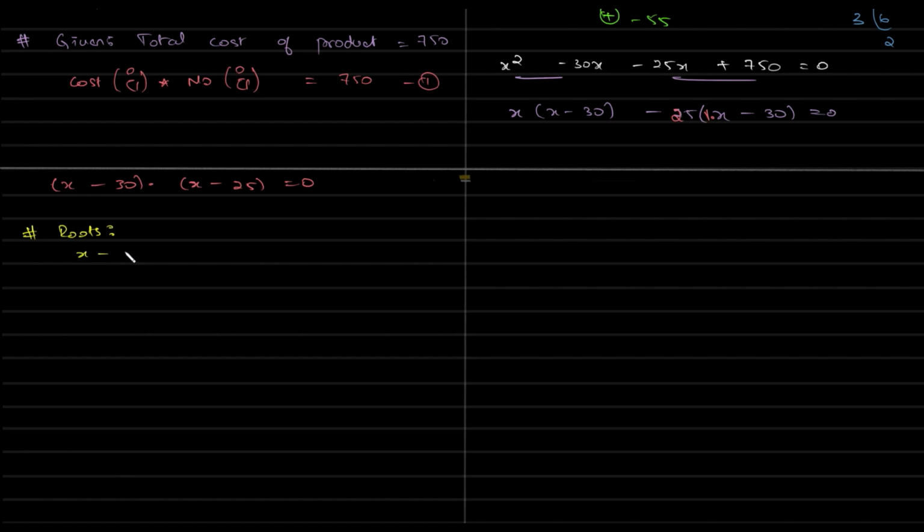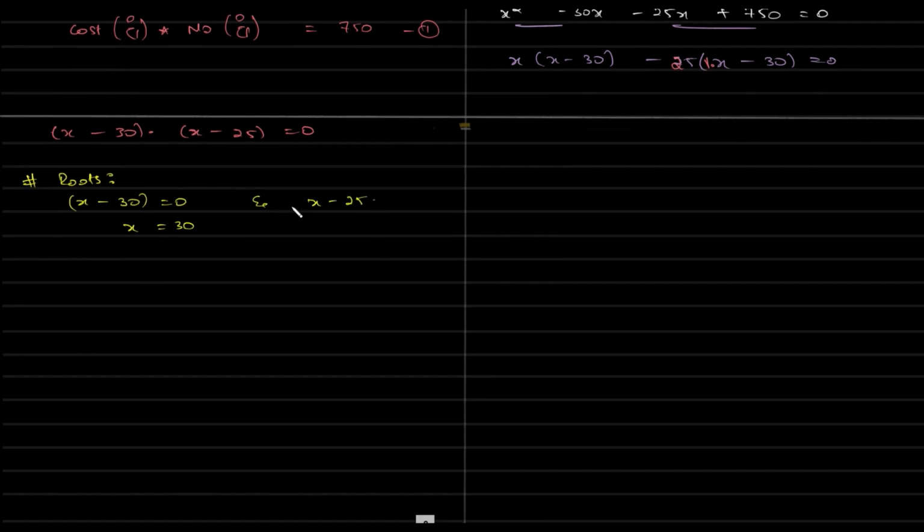So we have x minus 30 being equal to 0, x is equal to 30, and x minus 25 is equal to 0, so x is equal to 25. So your alpha and beta are 30 and 25.